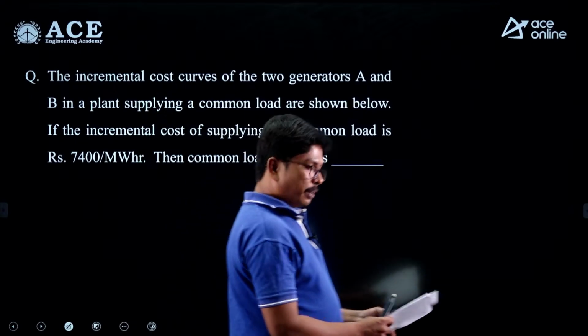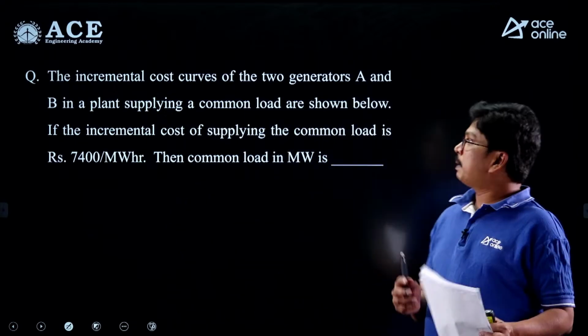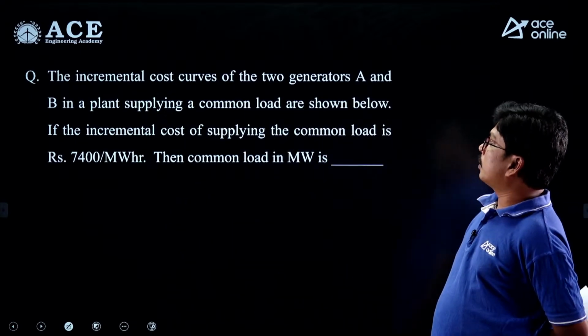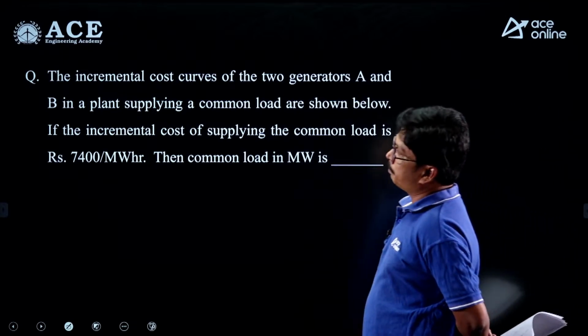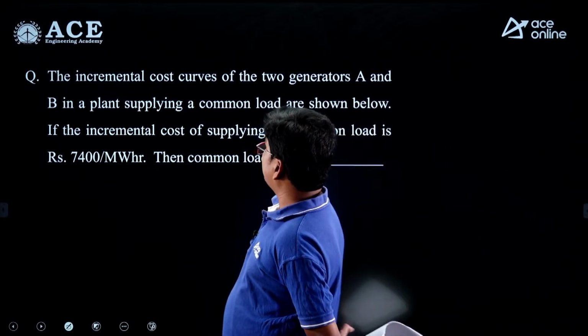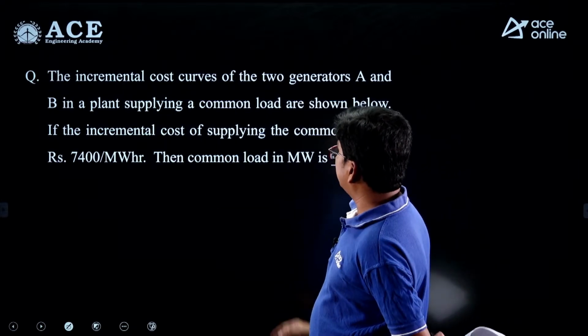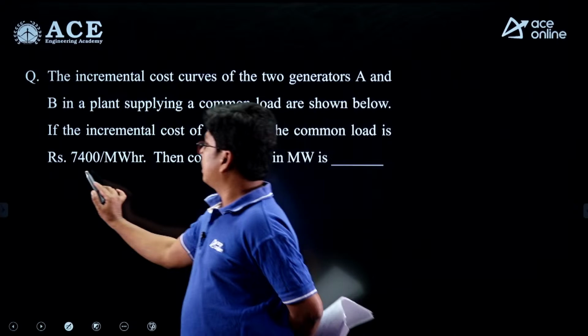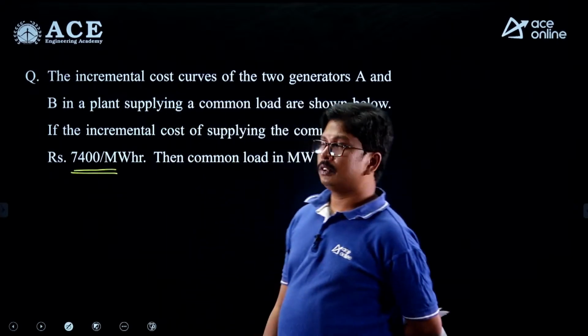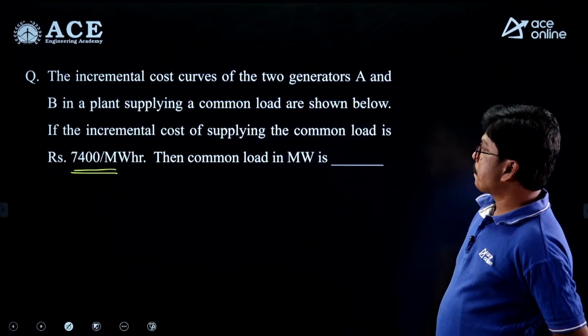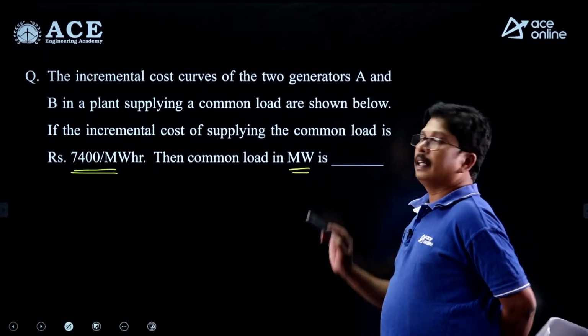So here they have given the question on economic load dispatch, students. The incremental cost curves of two generators A and B in a power plant supplying a common load are shown below. If the incremental cost of supplying the common load is 7,400 rupees per megawatt hour, what is the common load they are asking?